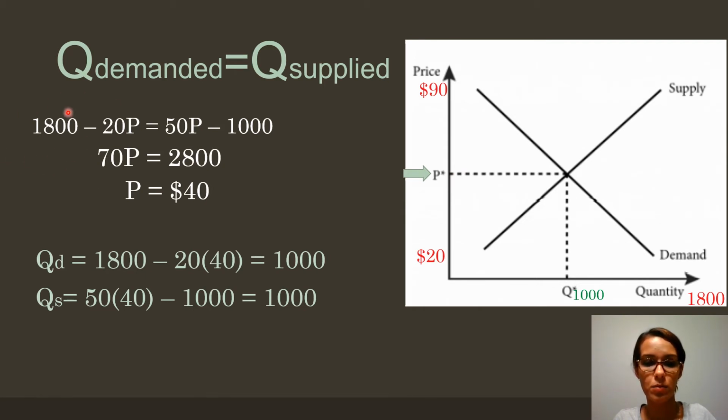So this is the maximum quantity, the minimum price, the middle ground price, and the middle ground quantity. By doing simple algebra, we can find the price at $40. We apply this $40 to the formula for the quantity demanded, equaling 1000, and the quantity supplied, equaling 1000.